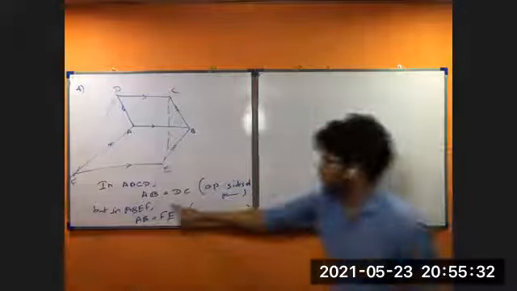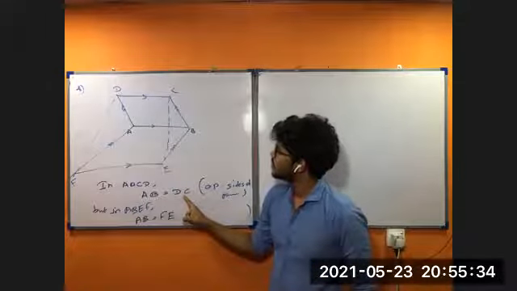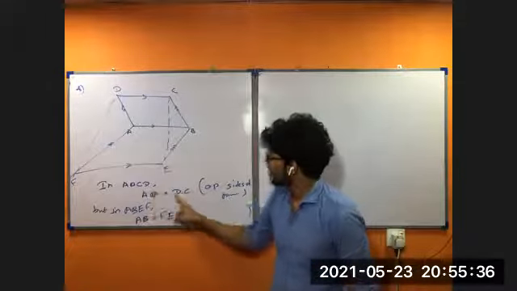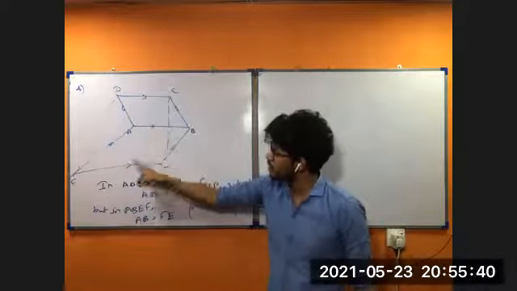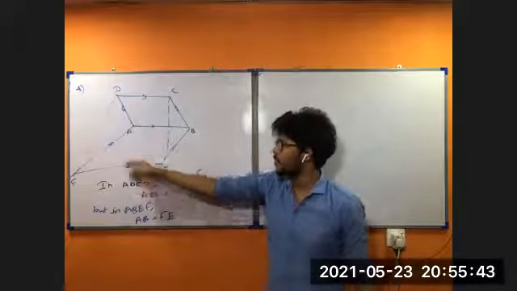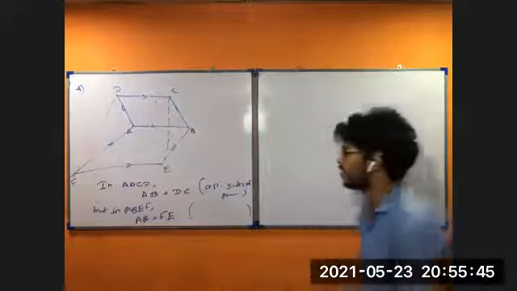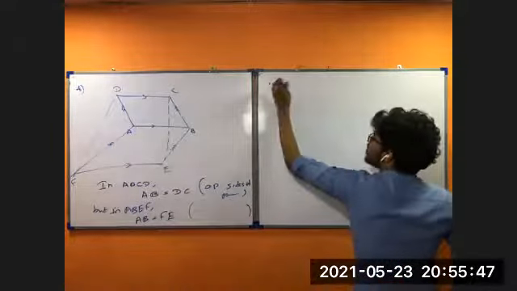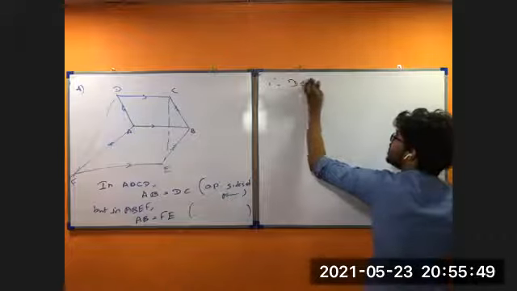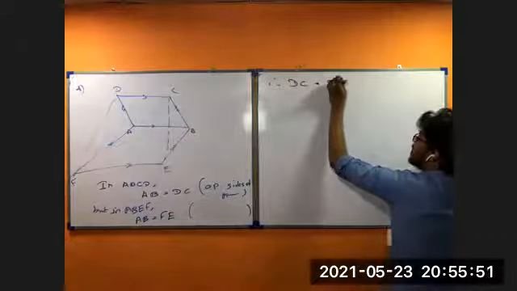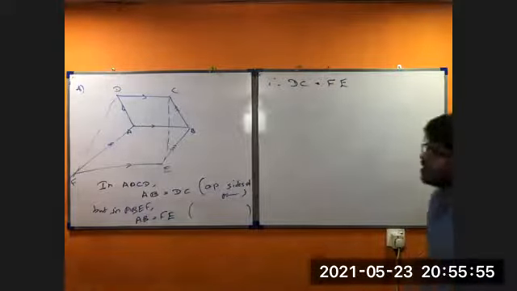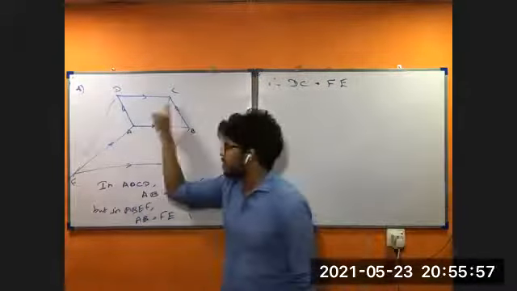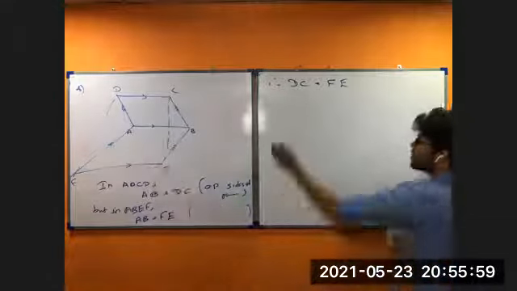AB is equal to DC, so this one is equal to this one, and from this parallelogram this one is equal to this one. So obviously DC is equal to FE, right? Therefore, DC is equal to FE. You also know that DC is parallel to FE.